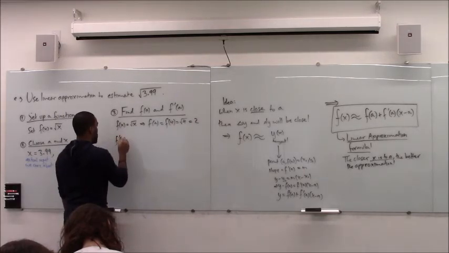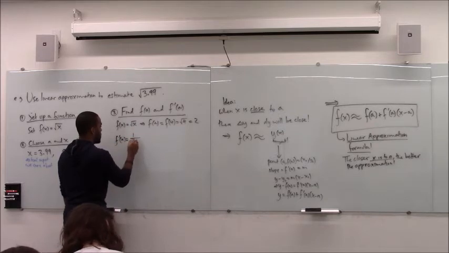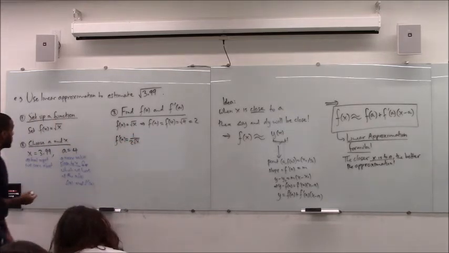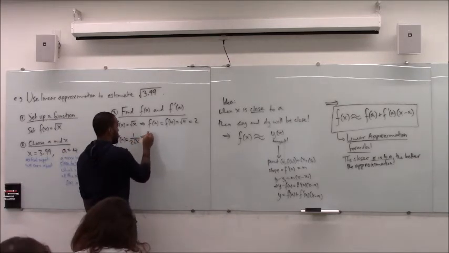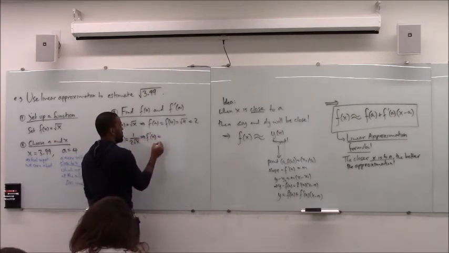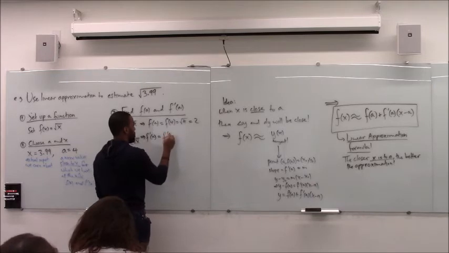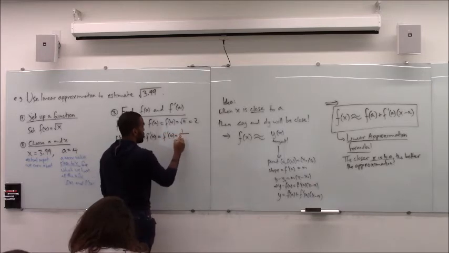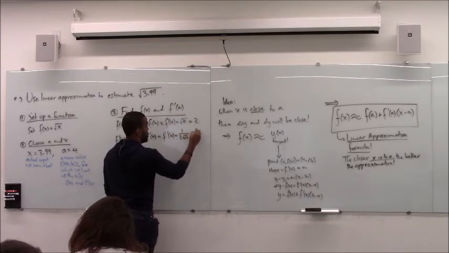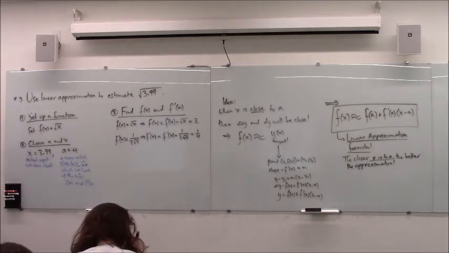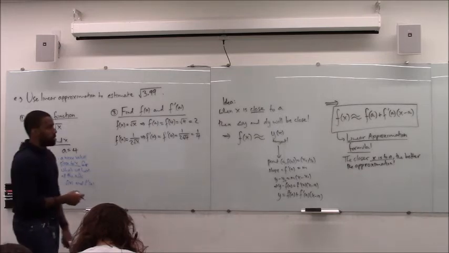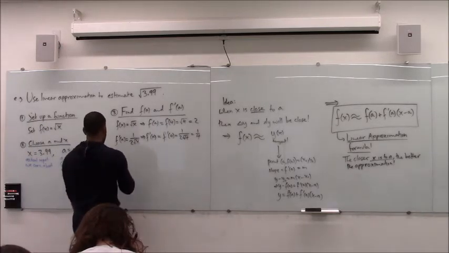We also know that f prime of x is 1 over 2 radical x. We know that for a long time in this particular instance. Which means my f prime of a is going to be equal to f prime evaluated at 4, which is 1 over 2 times the radical of 4, which is a quarter. So that's the pieces that I would need for the formula.